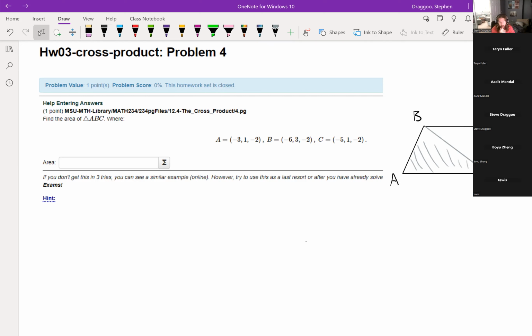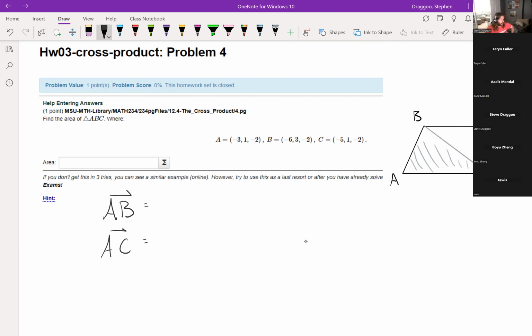So what I might want to do is look at vectors AB and AC. Start writing that down. I want to get vector AB, and I want to get vector AC.